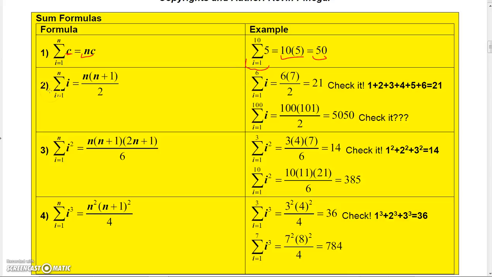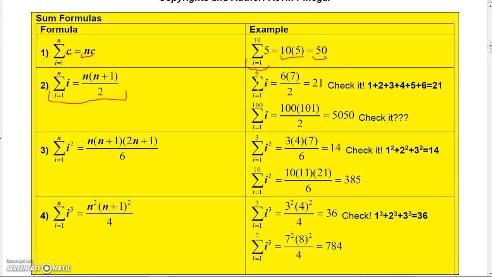Now, there's a story about Gauss creating this formula, but I'm not going to go into it here. But it's an interesting story if you want to look it up. But basically, this represents the sum of the first n whole numbers, or first n counting numbers.